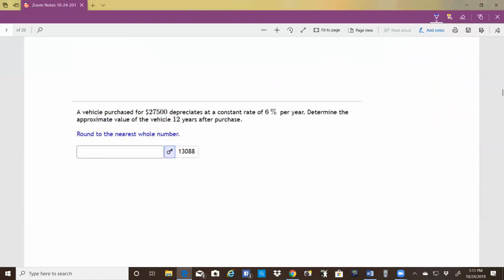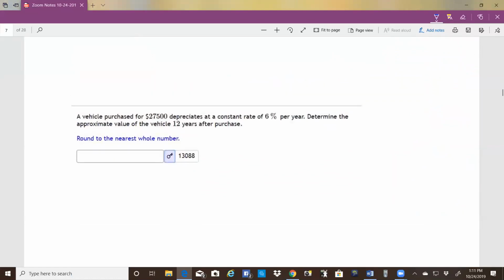And I think one of the last problems was, this may not have been your problem. You may have had different numbers, but it's a vehicle purchase for $27,500. Depreciates at 6%. That means that r is minus 0.06.